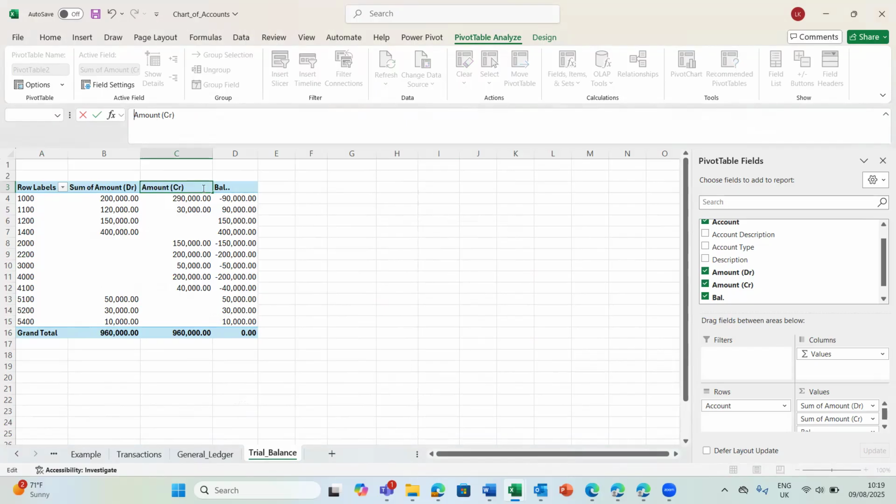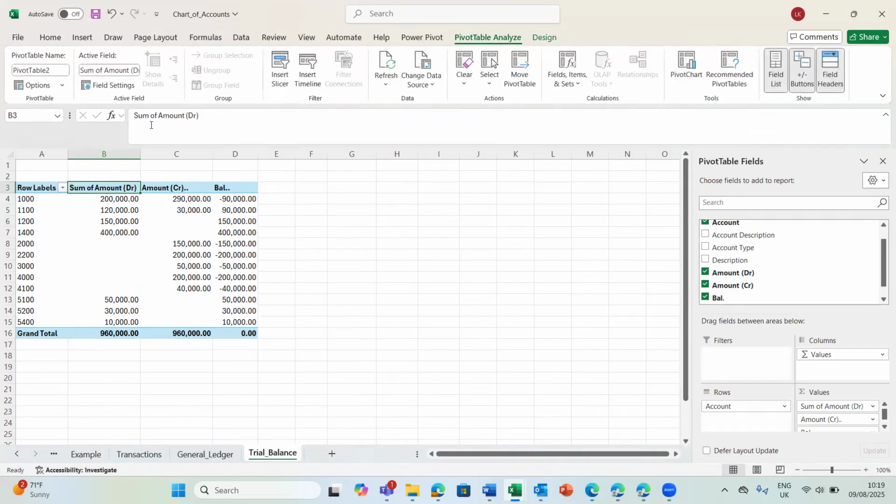Okay, let me just edit. All right. So this is our pivot table.